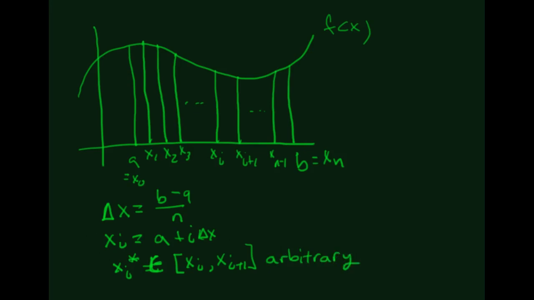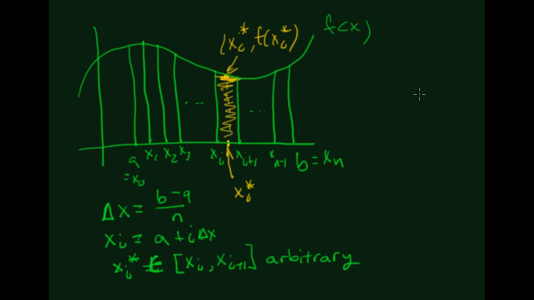Okay, so the idea here is that somewhere on this interval is this value x sub i star. And what we're going to do is use that value to find a functional value. So this point here is x sub i star, f of x sub i star. And we're going to use that to represent this entire partition.